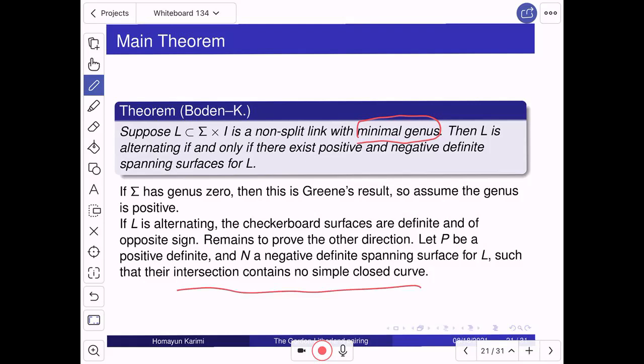You can assume these two surfaces don't intersect in any simple closed curve, because if they do, then we have a proposition that says you can remove those intersections and still get definite spanning surfaces of opposite sign. So let's assume that the two spanning surfaces don't have simple closed curves in their intersection.